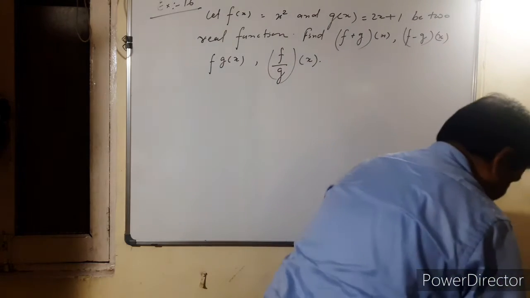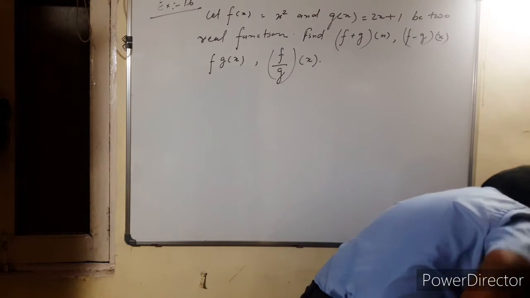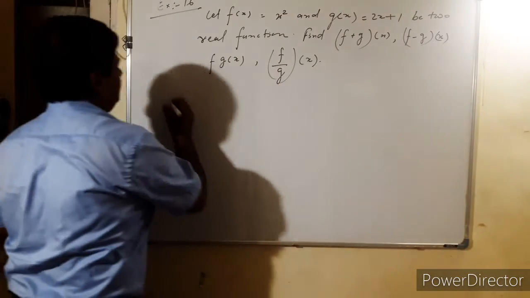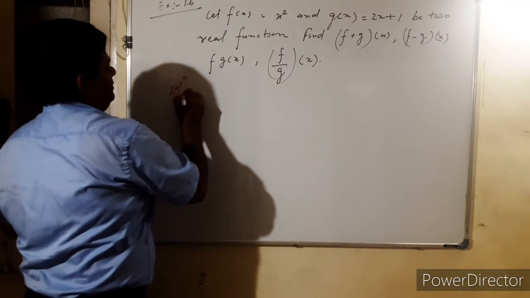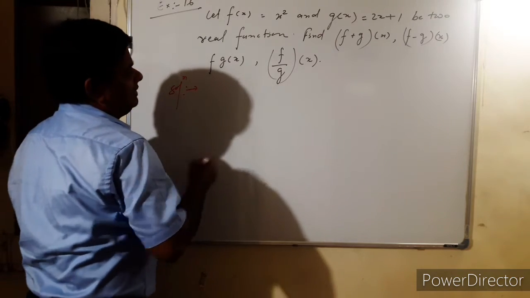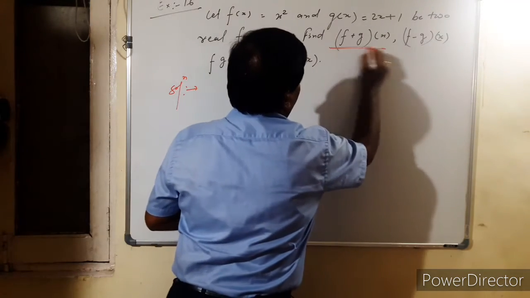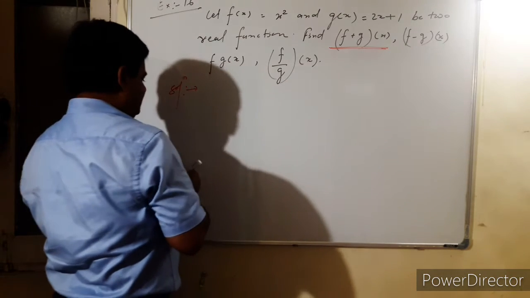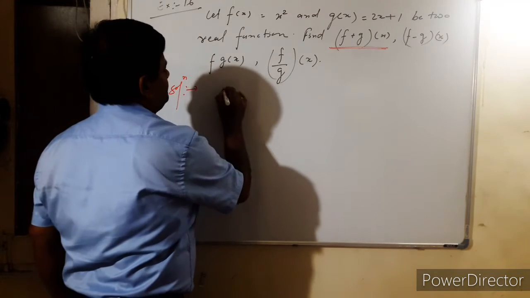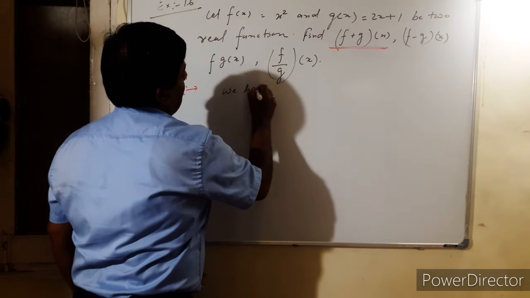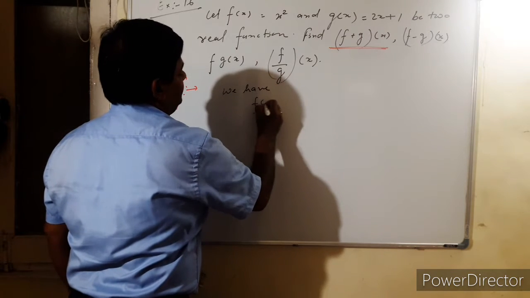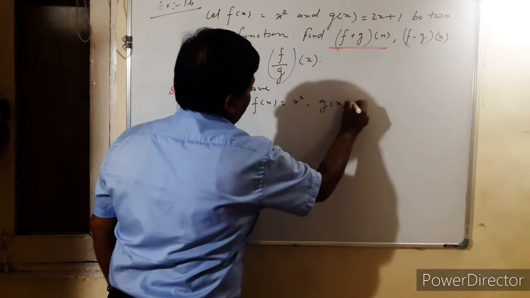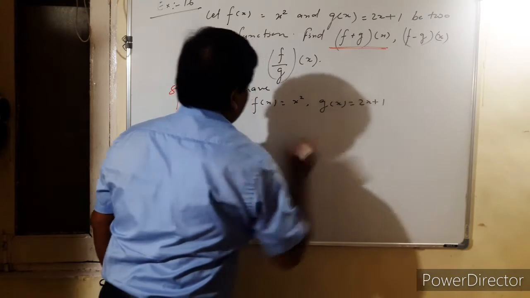Solution. First one: (f plus g)(x). We have f(x) is equal to x square, g(x) is equal to 2x plus 1.